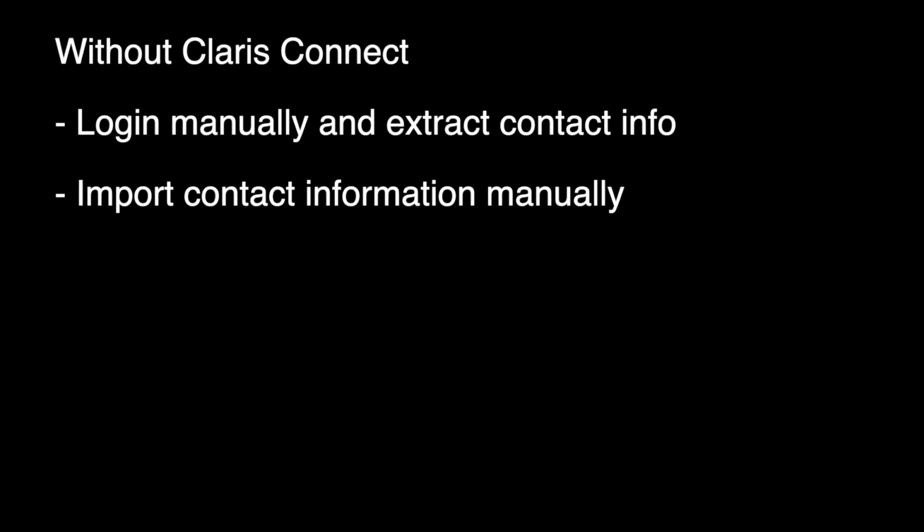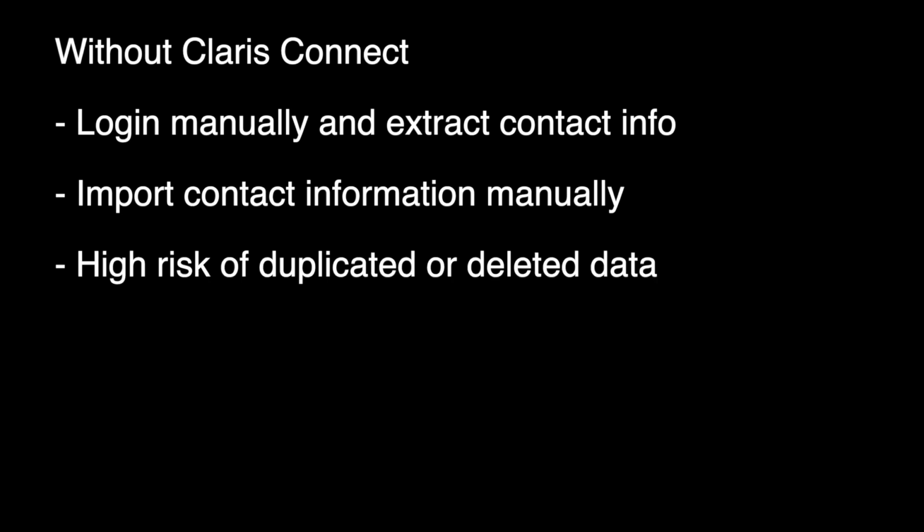This doesn't sound that bad, but in this process of exporting and importing, it's very easy to duplicate entries. That's really not something that you want to do. So as you can see, there's a lot of work here. You have to log in, export data, move it over to a Google Sheet, import that data in, clean out any duplicates you may have, and then it's ready to use.